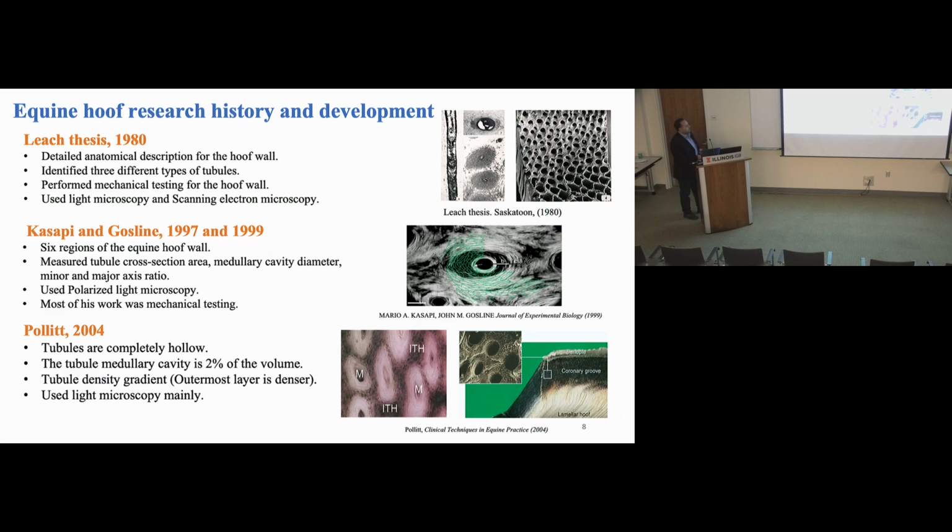And he also said, which is right, that the amount of tubules at the beginning of the hoof is denser than as you go inside, and we will show scientifically now why. His work also used mainly light microscope, the only light microscope.